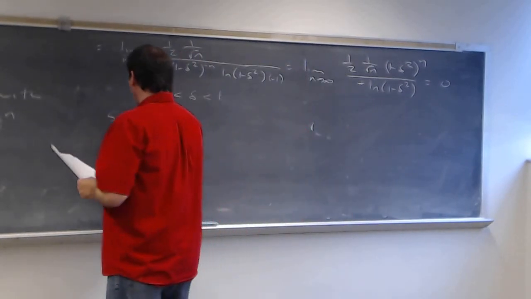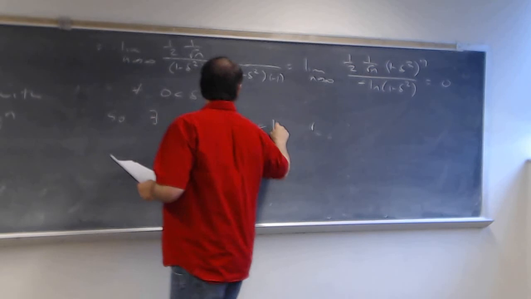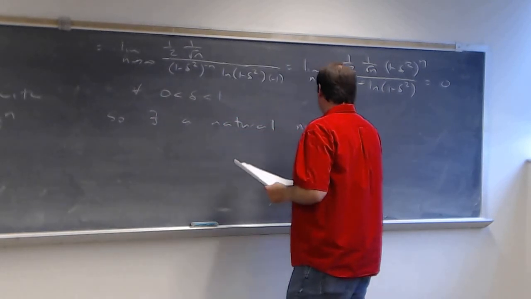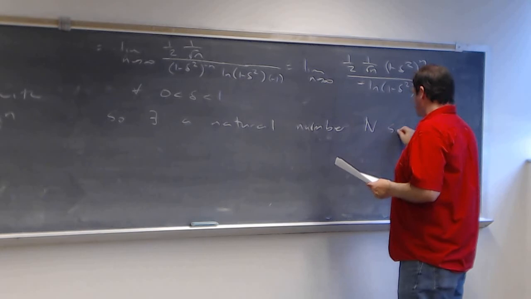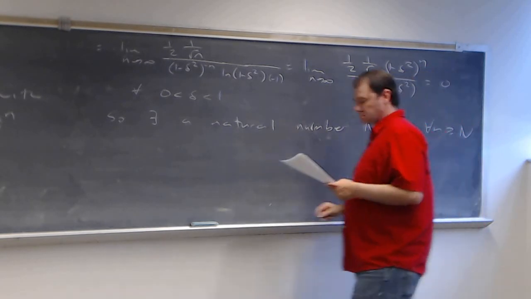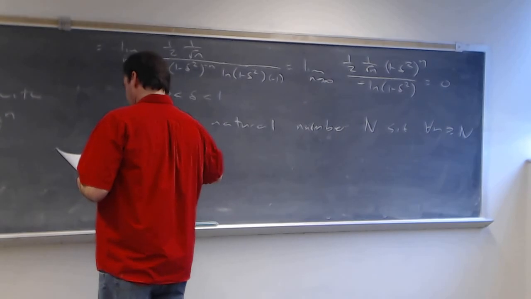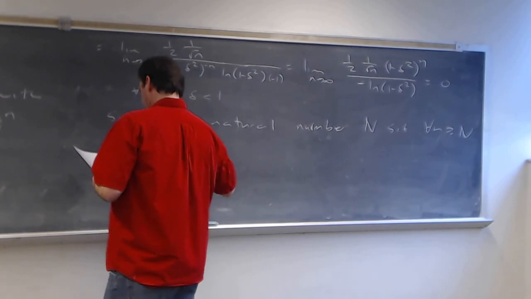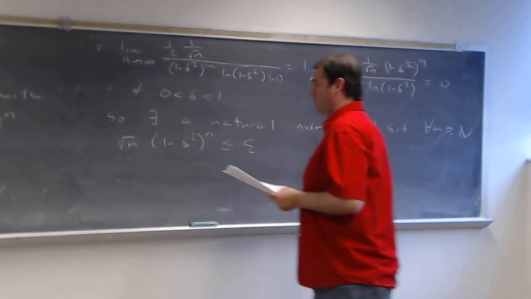So, what we can say from here is that there exists a natural number N such that for all n bigger than or equal to big N, the square root of n times 1 minus delta squared raised to the n is going to be less than or equal to epsilon.